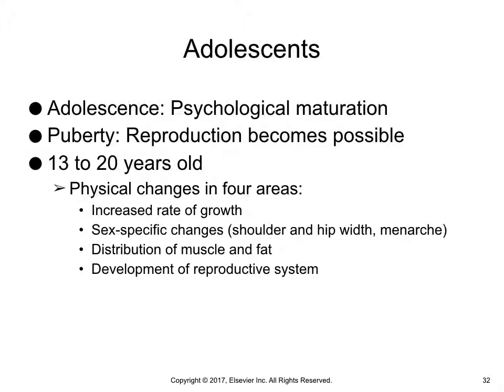During adolescence, age 13 to 20 years old, psychological maturation appears, and reproduction becomes possible. The hormonal changes of puberty result in changes in the appearance of the young person, and cognitive development results in the ability to hypothesize and deal with abstractions.